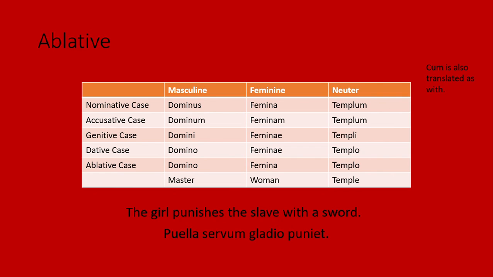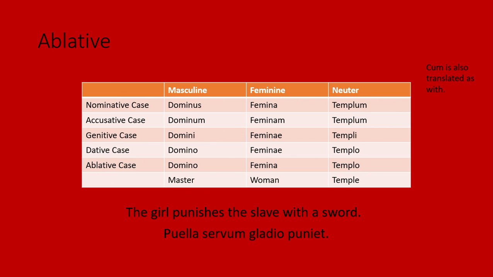Here the example is the girl punishes the slave with a sword, and as you can see on the side there, cum is the word for with in Latin, but it is not used in the case of the instrumental use. When we have the instrumental, i.e. with a sword, you don't use cum, because cum is just for companionship.